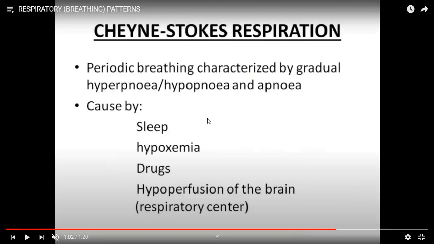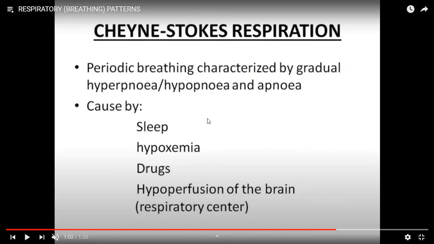And this can be caused by sleep disorders or hypoxemia. Hypoxemia is reduced oxygen in the blood. Certain drugs or hypoperfusion of the brain, when there's less blood flowing into the brain, especially to the respiratory center, can also cause it. So then you can have Cheyne-Stokes respiration. It's associated with reduced oxygen supply to the brain.